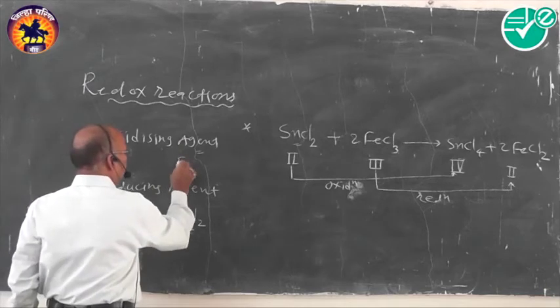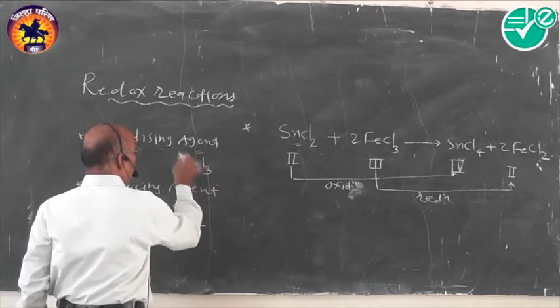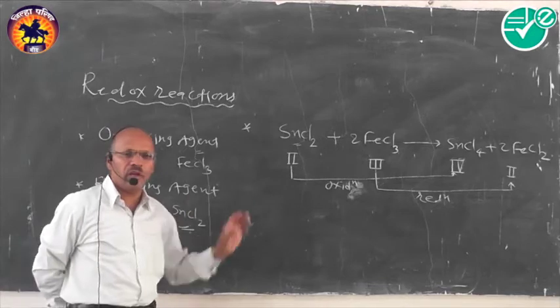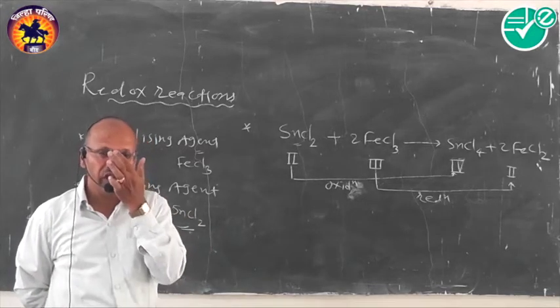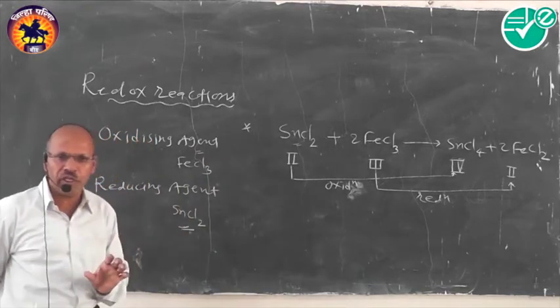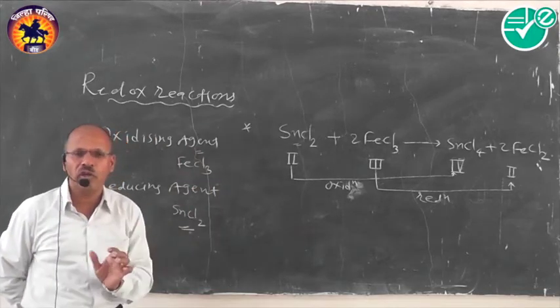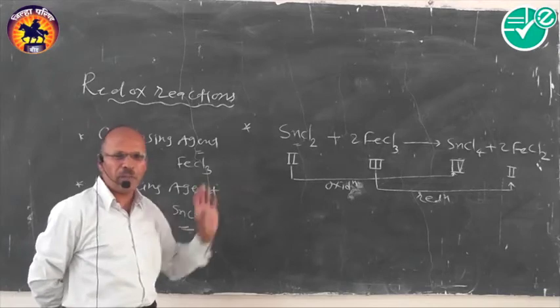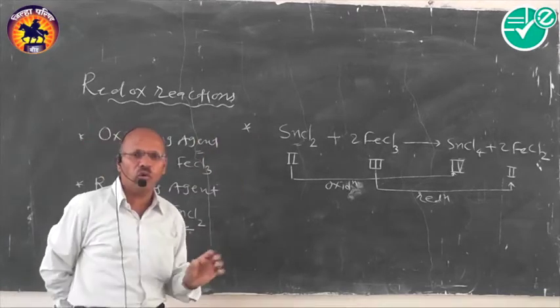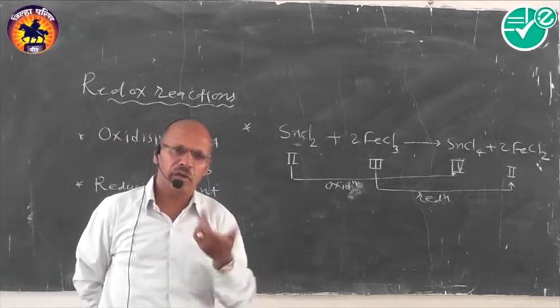We have to remember this in order to identify which is the oxidizing agent and which is the reducing agent, by knowing the exact basis of redox reactions. This is an application of redox reactions.